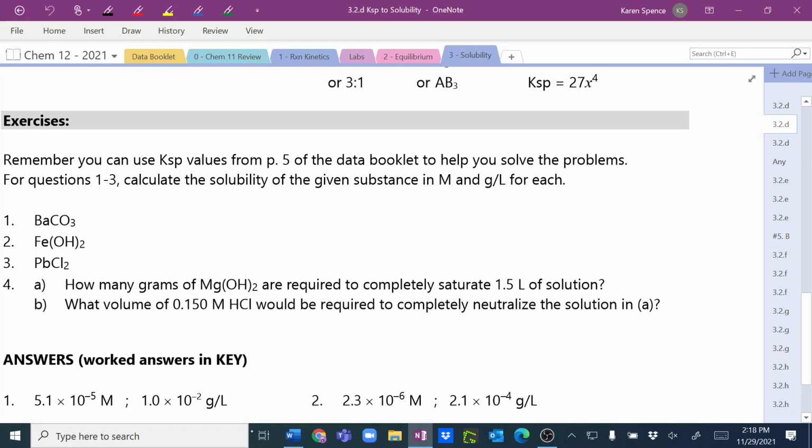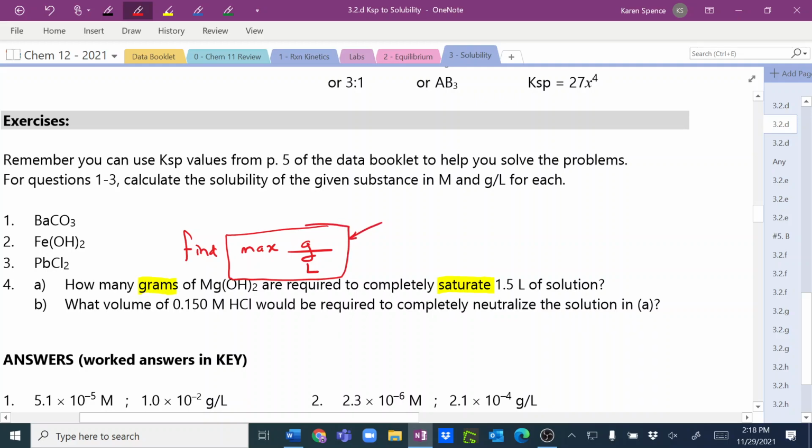Part of the tricky bit with this question is figuring out what it wants you to find. You want the grams needed to saturate a certain volume. So you want the grams per liter, yes? So you want to find the maximum grams per liter. What is the maximum grams per liter?